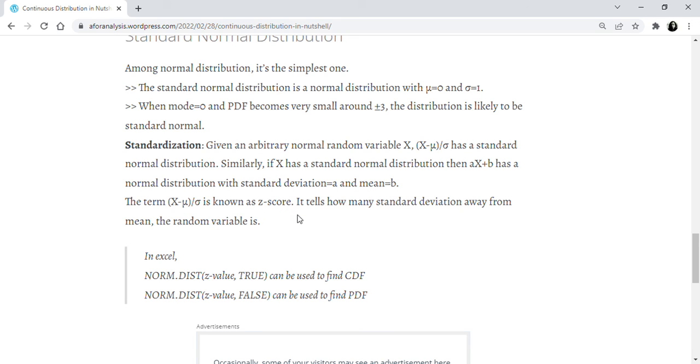It tells us how many standard deviations away from the mean the random variable x is. So that's about continuous distributions, and this is just a random note I found somewhere. We will see more details about these things when we practice Excel.